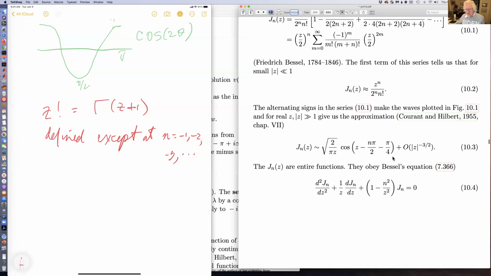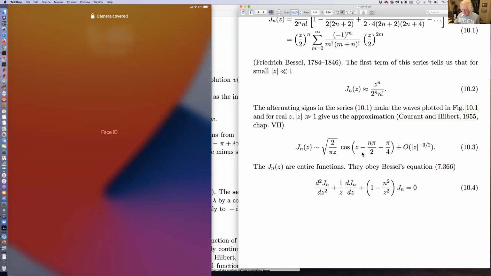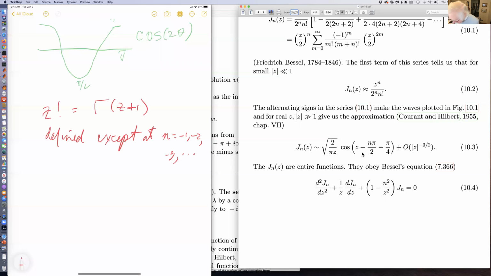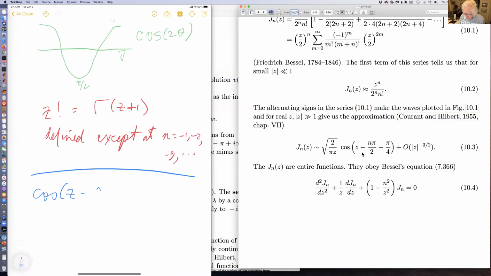This Jn of z has this form. And so if you want this to vanish, you want cosine of z minus n pi over 2 minus pi over 4 to be 0.